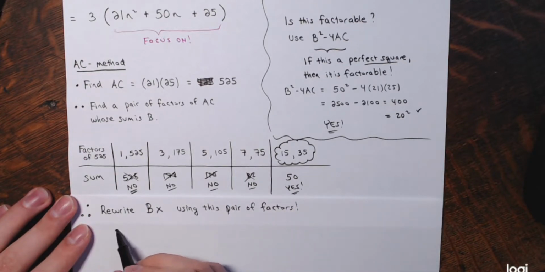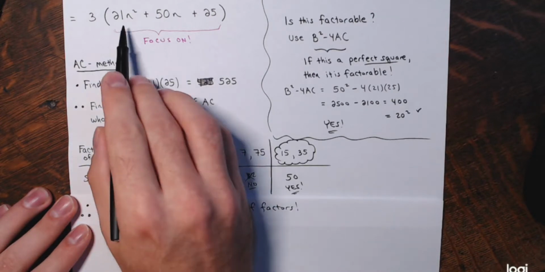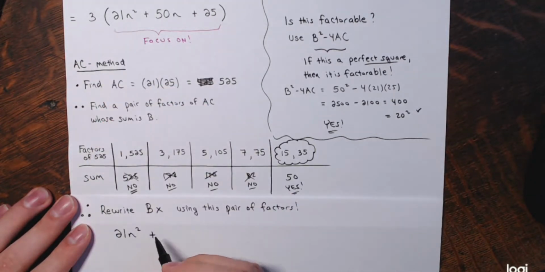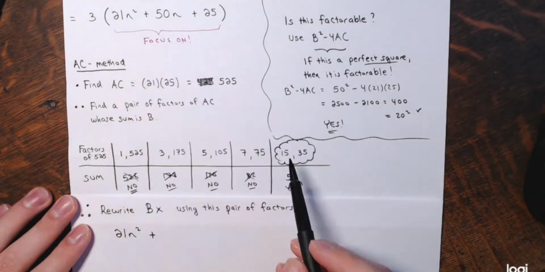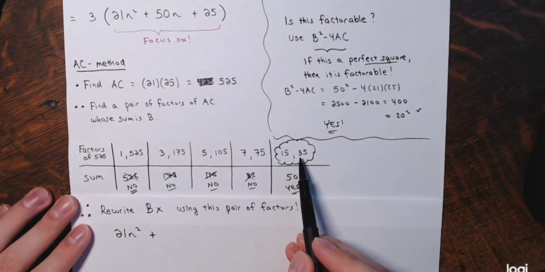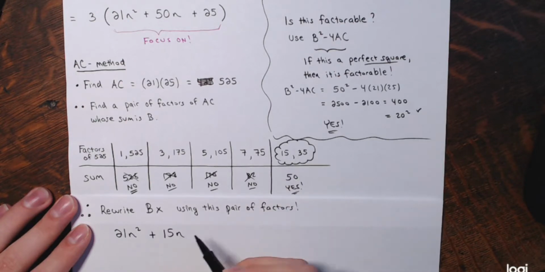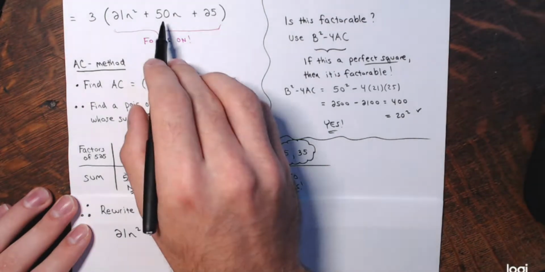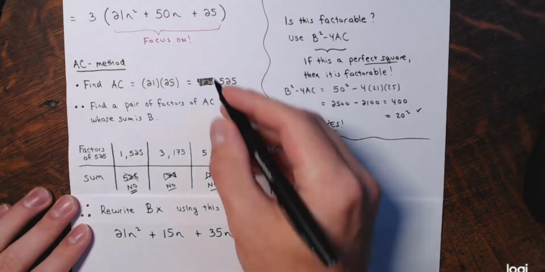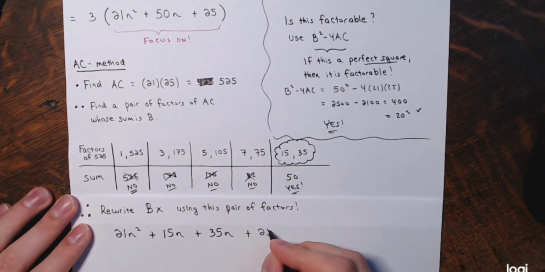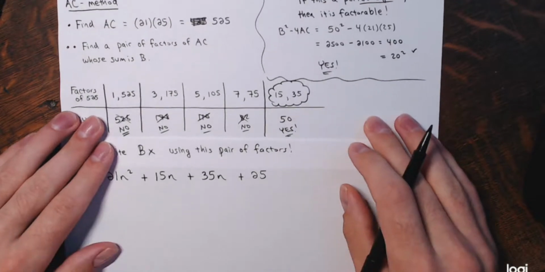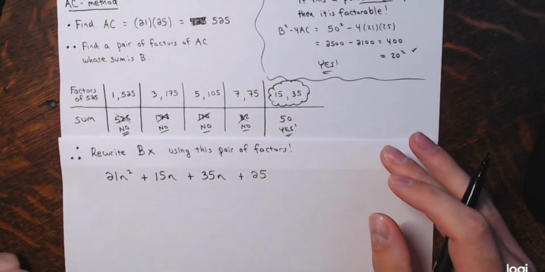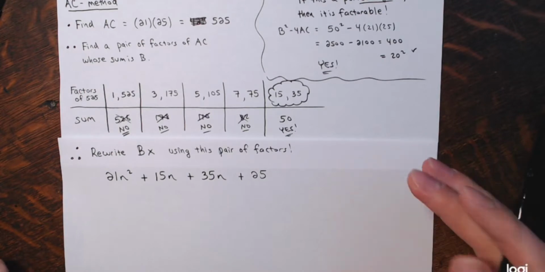We have 21n squared plus, and then 50n I'm going to rewrite using these two factors that add up to 50: 15n plus 35n, because those make up 50n. And then we have plus 25 as a constant term. Do you see what we've done? This looks like problems from earlier when we were factoring by grouping. And that is the last step.